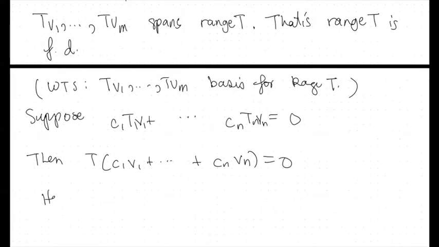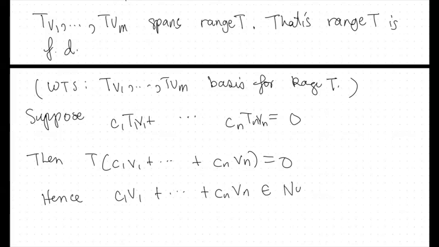Hence, C1 V1 plus up to Cn Vn is in the null space of our linear map. All right?